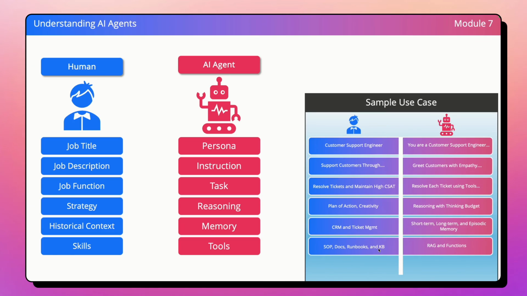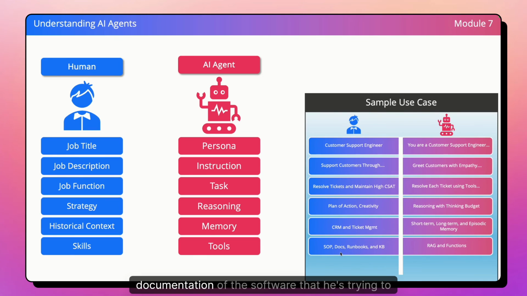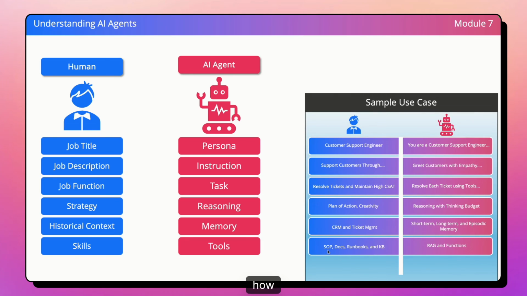Now, this could be Confluence pages, or this could be runbooks that are already available, documentation of the software that he's trying to use, and standard operating procedure that basically defines how a specific task needs to be completed.